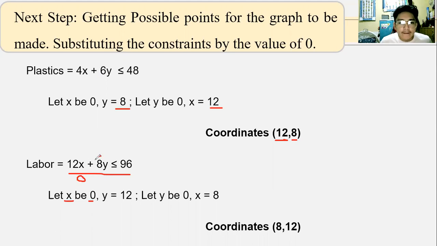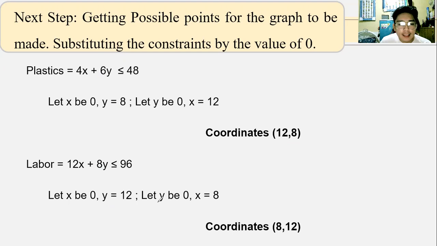So we only have these two. And in order for us to get the value of y, we're just going to divide it by 8. So 8y divided by 8 is actually y, and 96 divided by 8 is actually 12. So first we have the value of y is equal to 12.